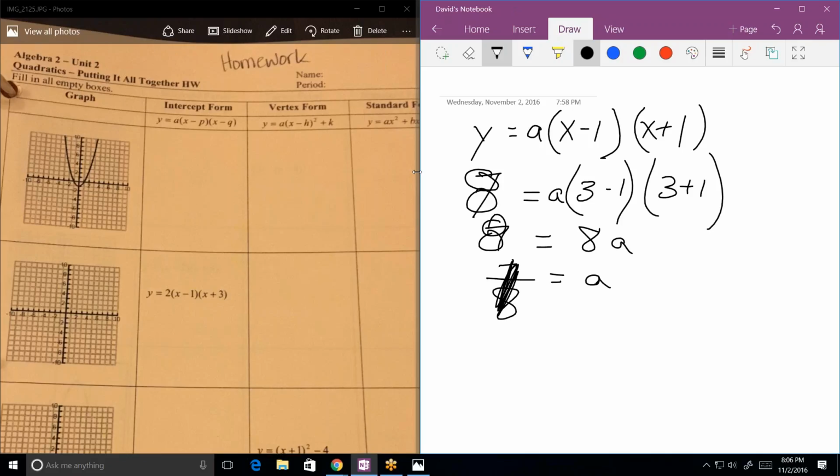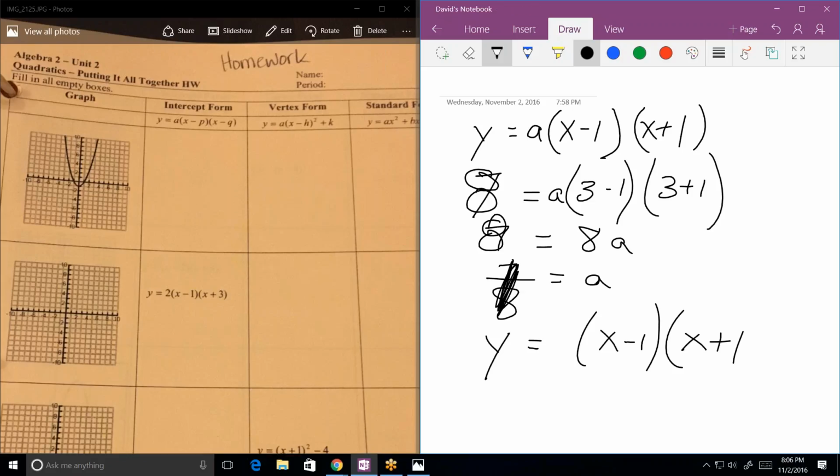And that's what I think it is. I wouldn't expect a to be 7/8 on a problem like this, on a graph that you have a hard time reading the exact coordinates. So we're going to say that when x is 3, y is 8. That gives us an a of 1. So y equals strictly x minus 1 times x plus 1. That's what goes in that box.